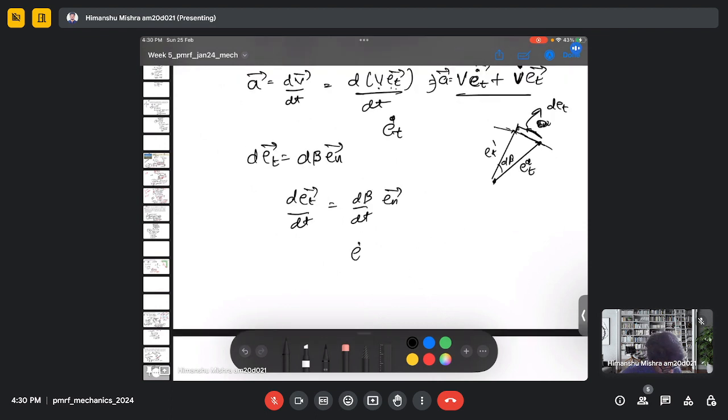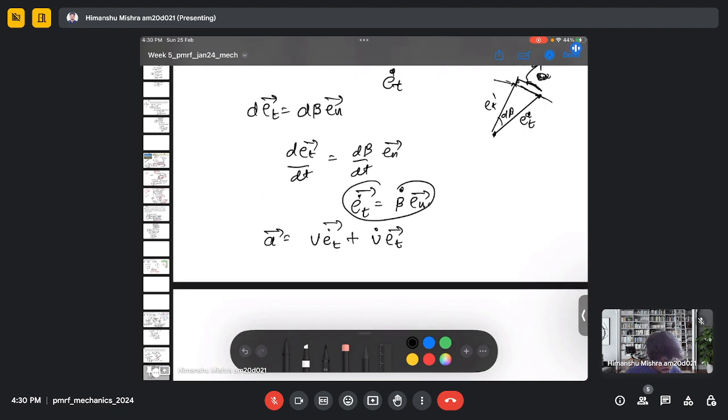So it will be E dot t equals beta dot multiplied by En. So we already know the acceleration vector, which is V E dot t plus V dot Et.